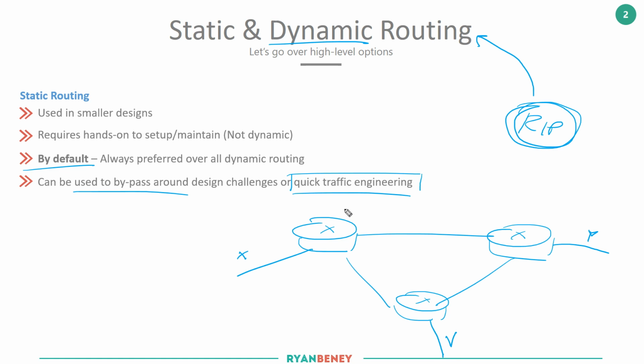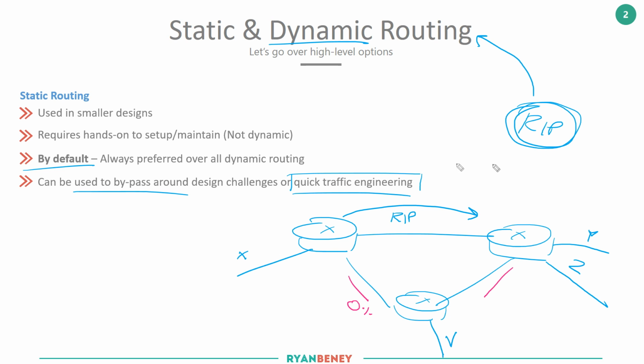Well, let's say, for example, that this router has both Y and Z, and this particular path here is the best path that RIP has picked for any traffic from X to Y or Z. This means that the link to V and up, as in these two links, are not being utilized for any traffic between X, Y, and Z.